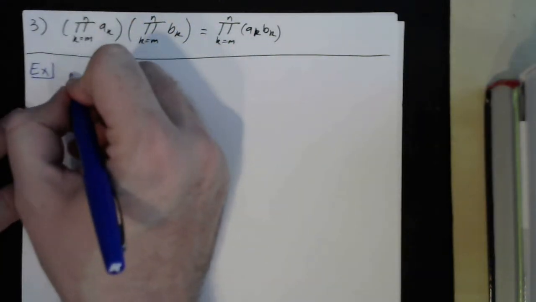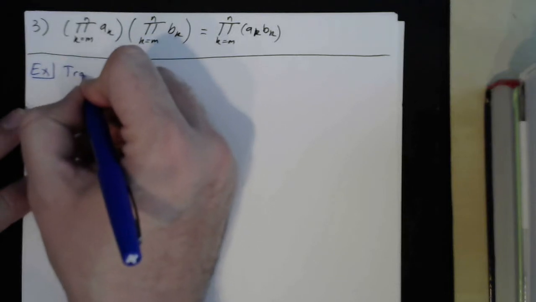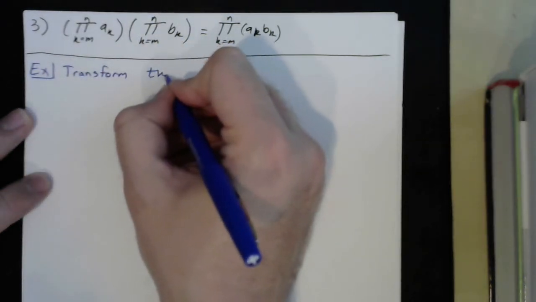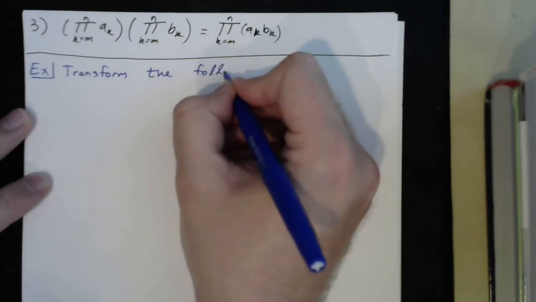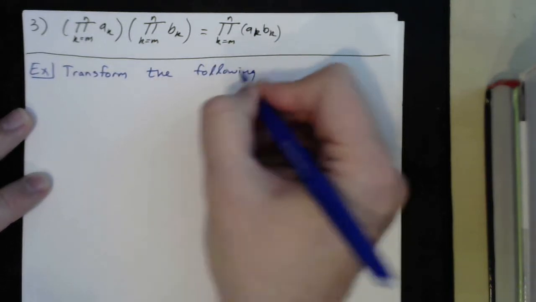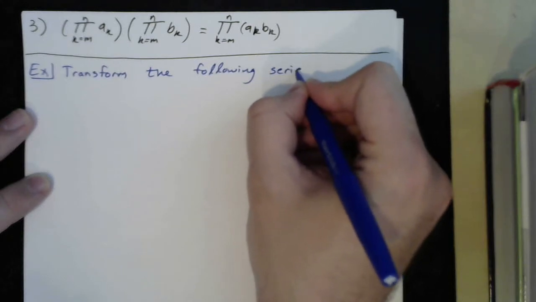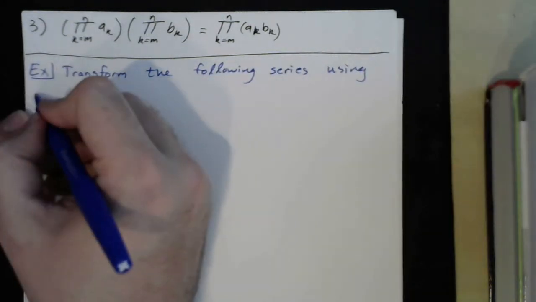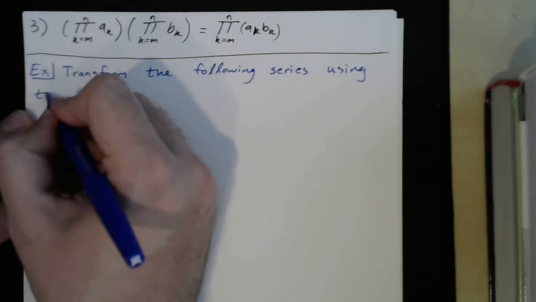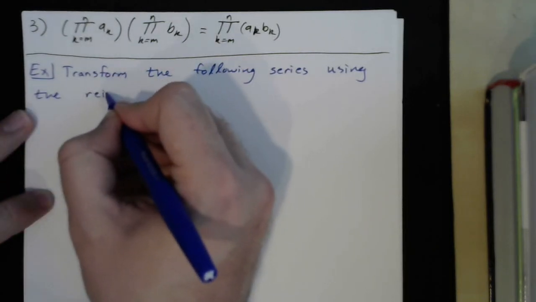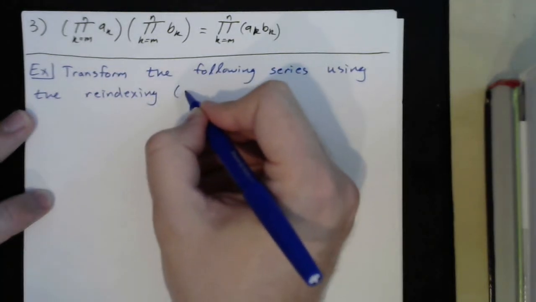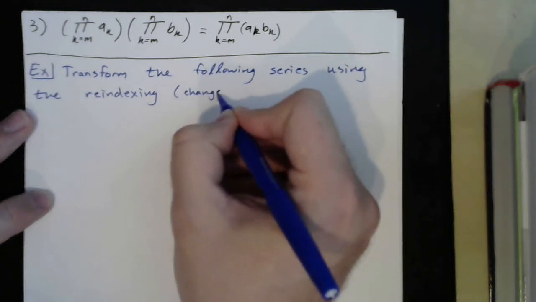So we are going to transform the following series using the reindexing, or I think this book will call it the change of variable, same thing.